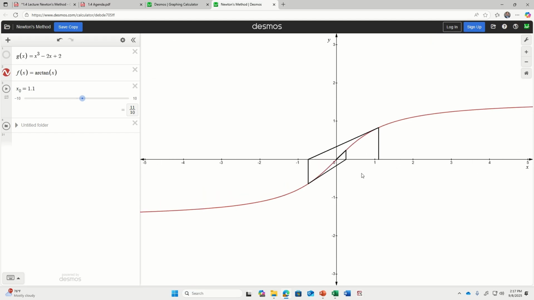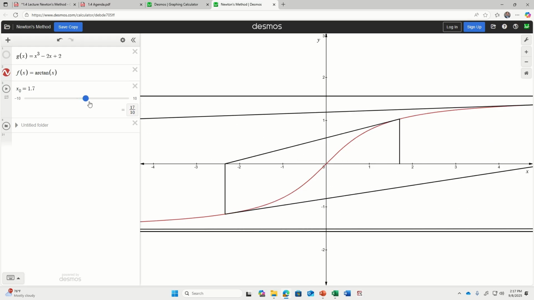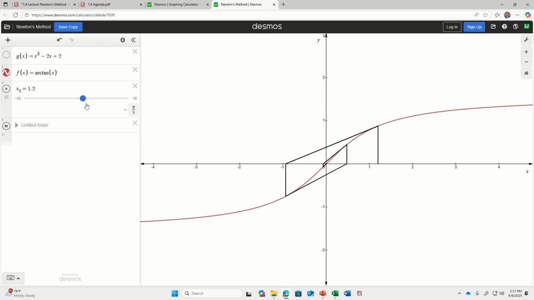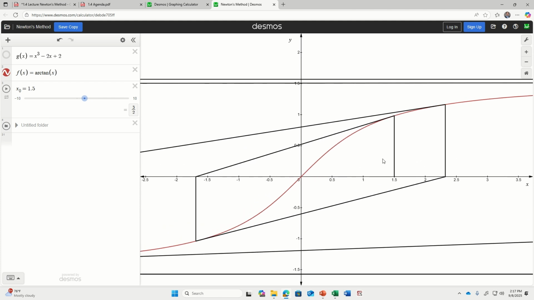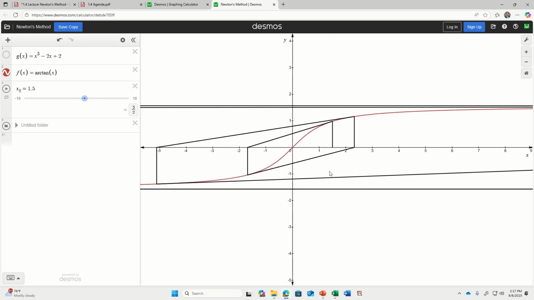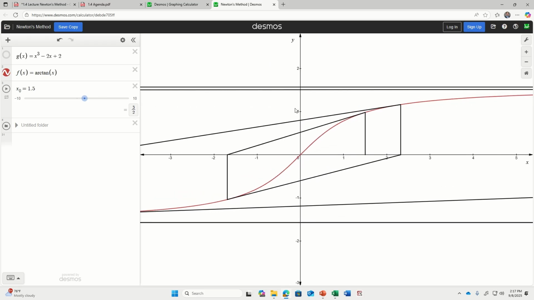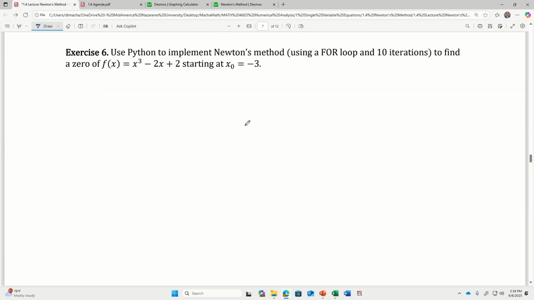But what happens if I start too far away from my 0 is it doesn't converge like that, but at some point it starts diverging away. Like if I even start with 1.5, now the tangent line approximations get farther and farther from actually reaching the 0, and this is what it looks like to blow up. So sometimes Newton's method works, sometimes it enters a cycle, and then sometimes it diverges to infinity.